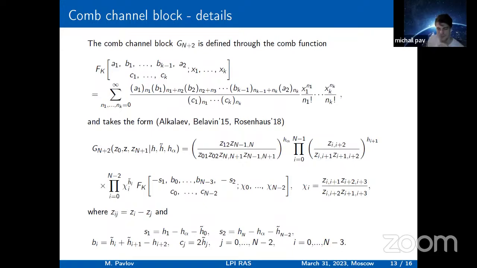Okay, sorry, let me think a bit. I mean that S1 equals 0 can be obtained by some certain values of H1, H alpha, and H0 with tilde, but they could be integers.